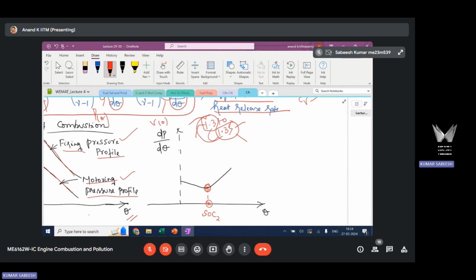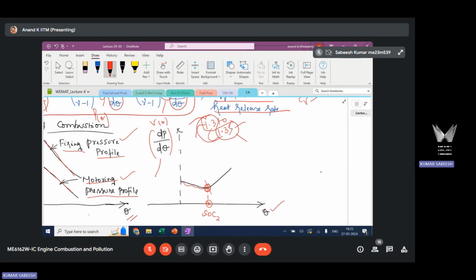The second criteria is dP by d theta on the y-axis, theta on the x-axis. dP by d theta is the first derivative of the pressure profile. You can get dP by d theta from the measured P theta value. Once you have this value, you plot how dP by d theta varies with crank angle. Initially there will be some fluctuations, and then there will be a steady rise in the dP by d theta value.